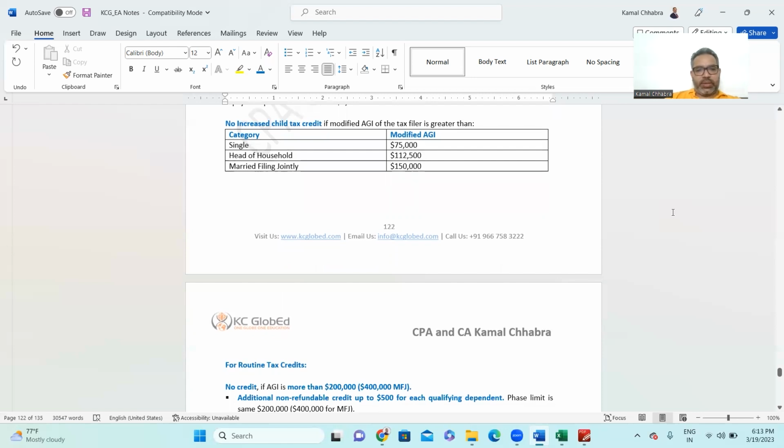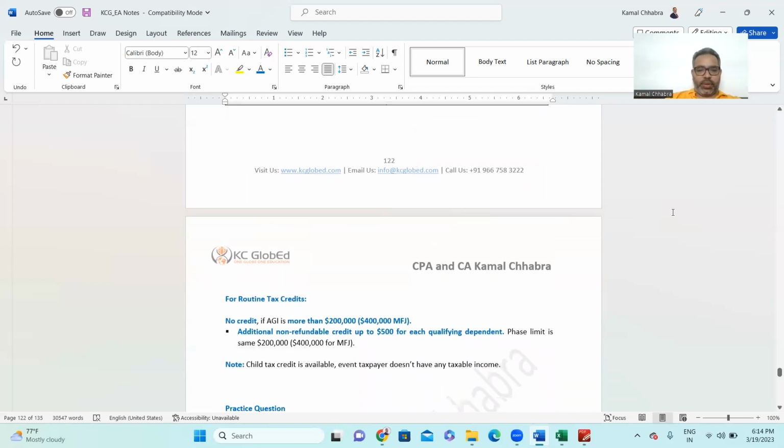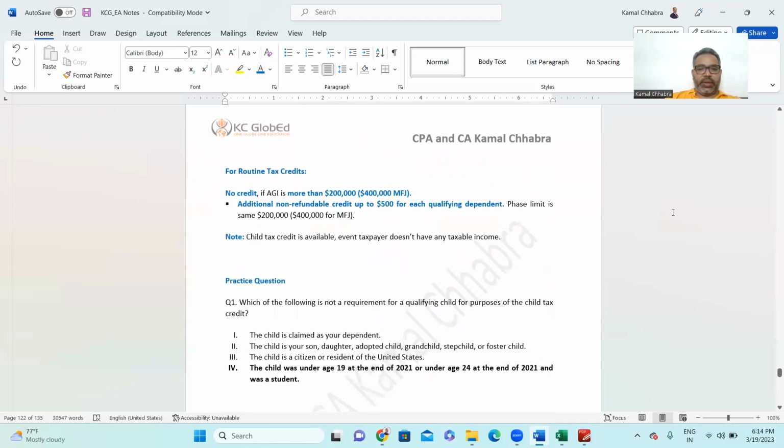No increased child tax credit if modified AGI of the tax filer is greater than $75,000 for individual, 112,500 head of the household, married filing jointly 150,000. So no increased child tax credit. Increases more than $2,000, right? For routine tax credit, no credit if AGI is more than 200 or $400,000.